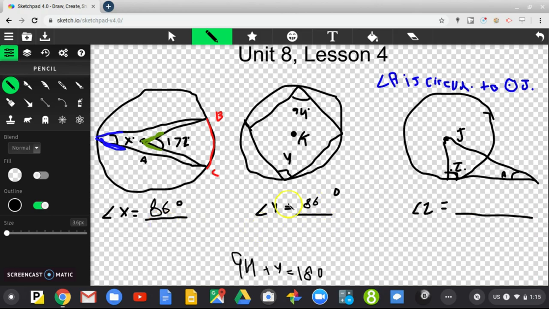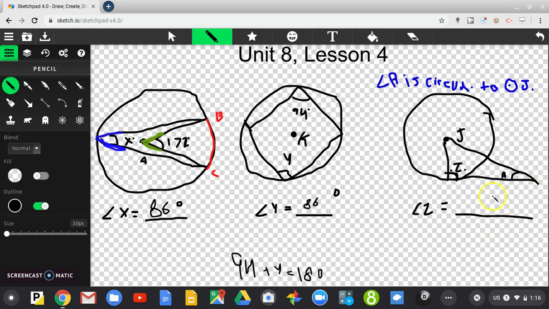So now we have circle J, and within circle J we have triangle JAZ. And you notice that there's no markings, but there still is a way to figure out what angle Z is. That's what we're trying to find.